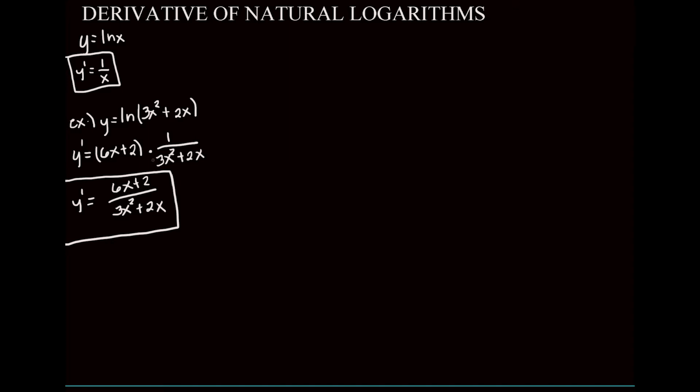Okay, let's take a look at now example number 2. For example number 2, we're going to involve some trigonometric ratios. So what happens if we have y is equal to the ln of sine x?